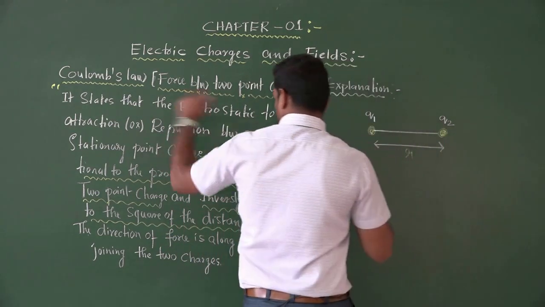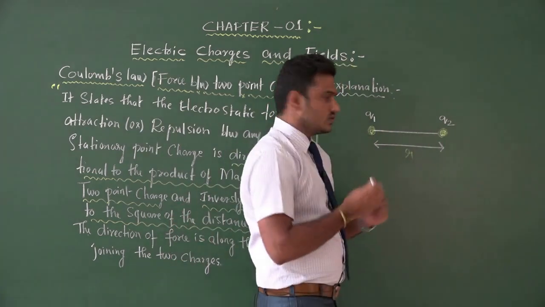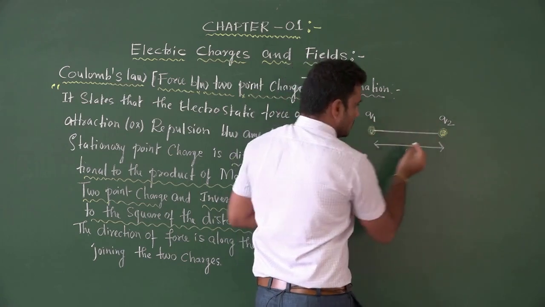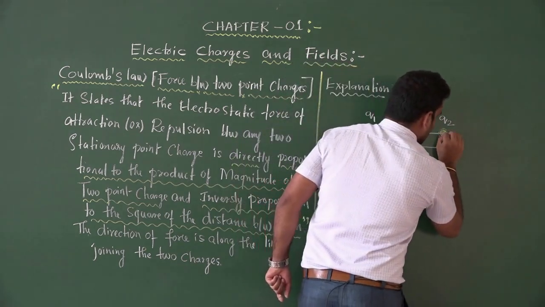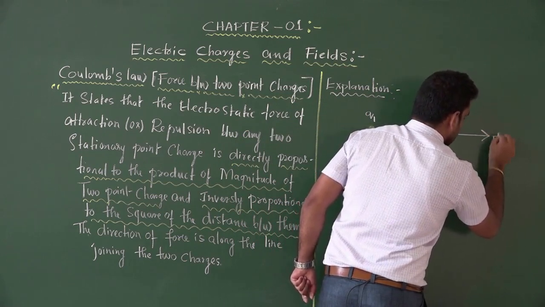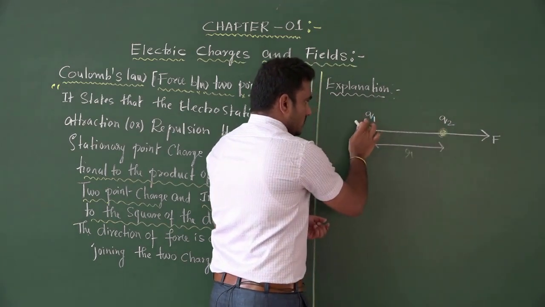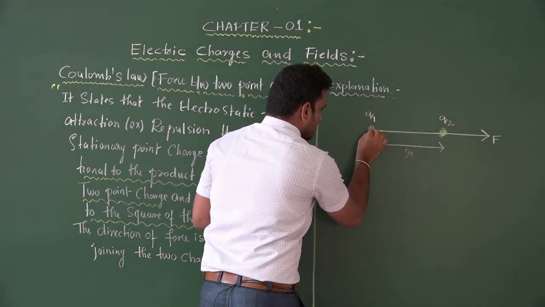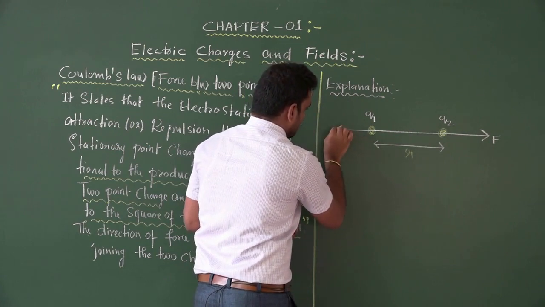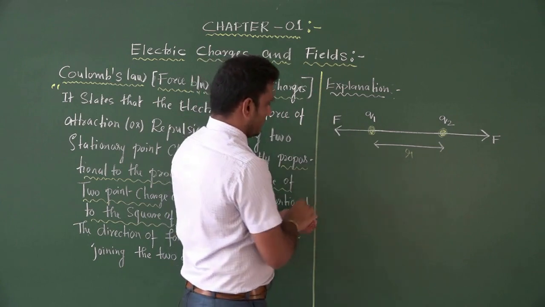According to Coulomb's law, the direction of force is along the line joining the 2 charges. Means Q1 exerts a force on Q2, and the direction of force is along the line joining the 2 charges. Similarly, Q2 exerts a force on Q1, and the direction of force is along the line joining the 2 charges. So this is the diagram.